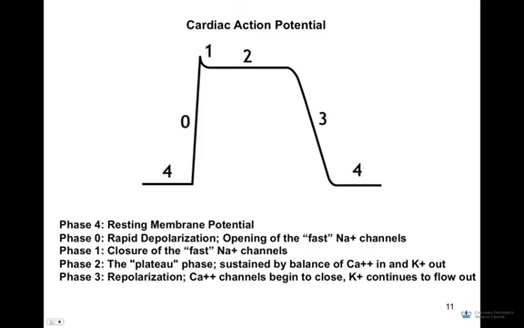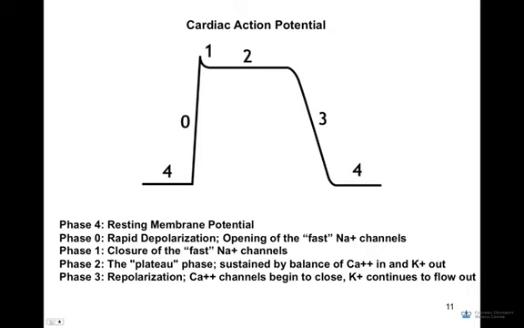In this phase 1, that is caused by the closing of those voltage-gated sodium channels. But instead of going into a rapid repolarization phase that we've studied before, the cardiac action potential enters a plateau phase, where it stays depolarized for a given amount of time. This phase is called phase 2.